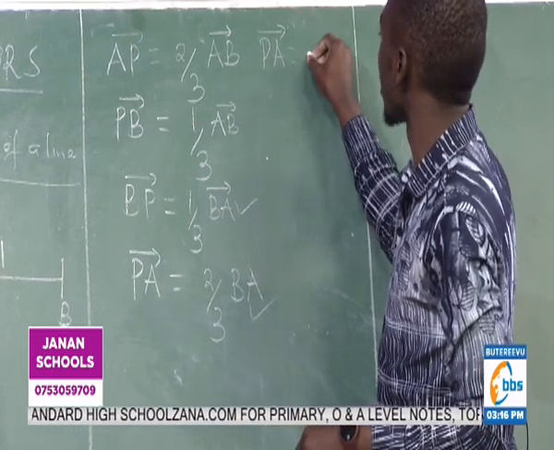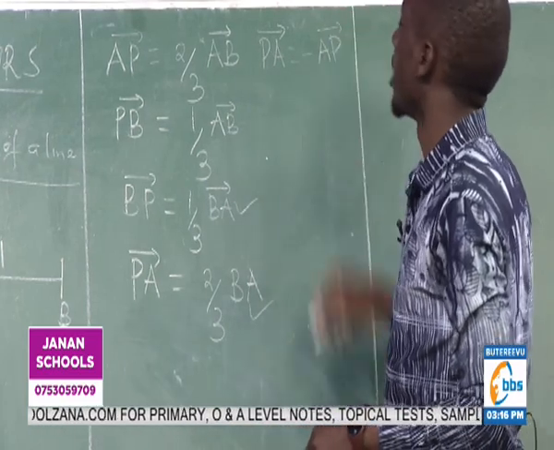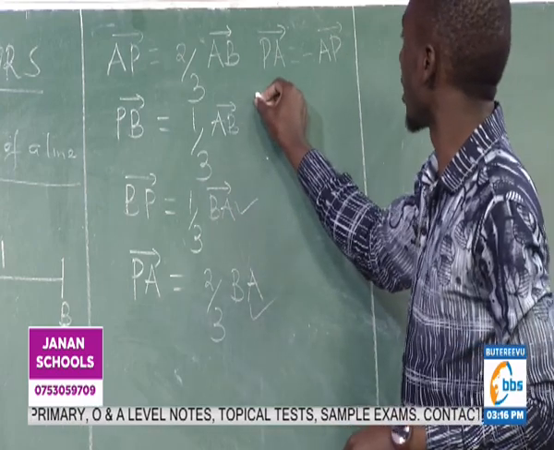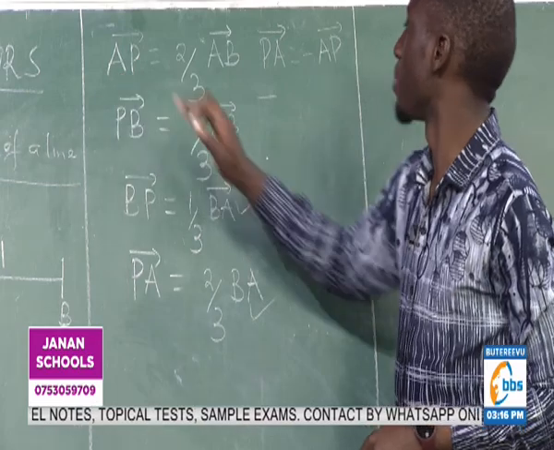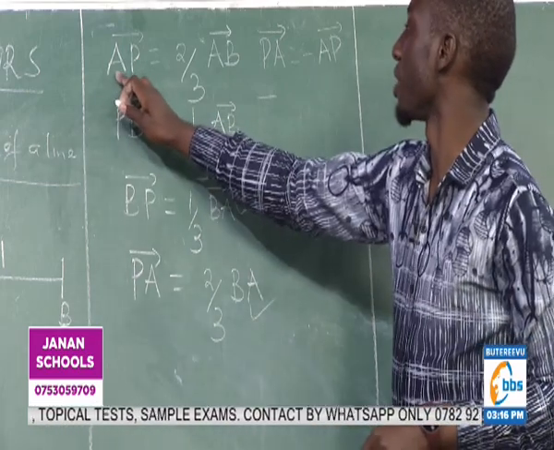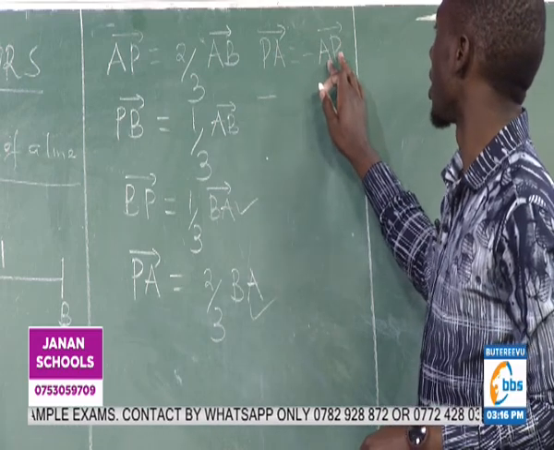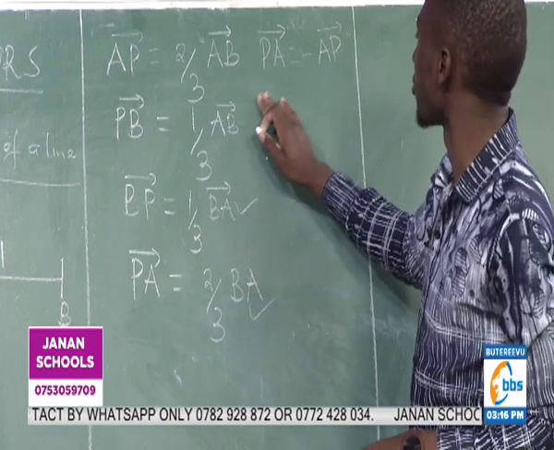PA is negative AP, we covered that one some time back. So it means that AP can be equal to negative PA.